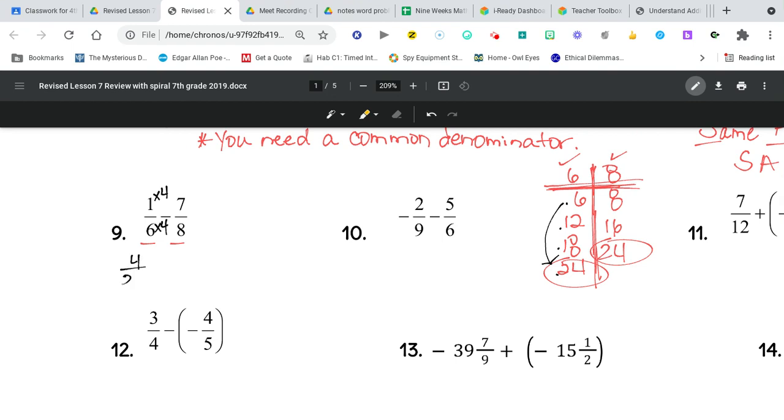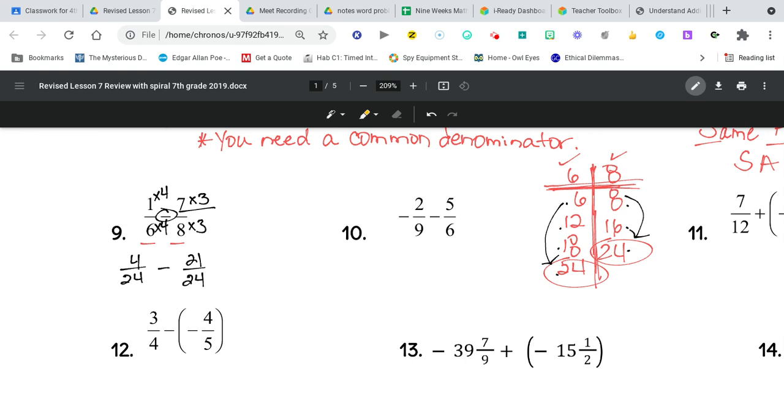So this ends up being 4/24 minus, keep your minus sign, 8 times what gives me 24? 8 times 3 is 24. And so that won't rename. 7 times 3 is 21, over 8 times 3, which is 24.